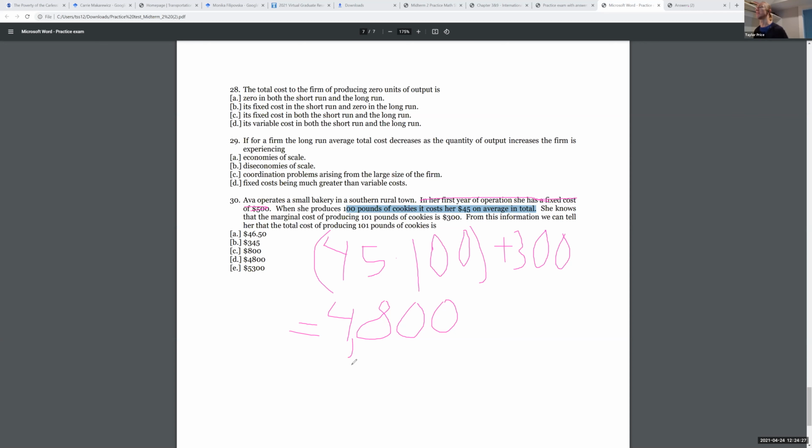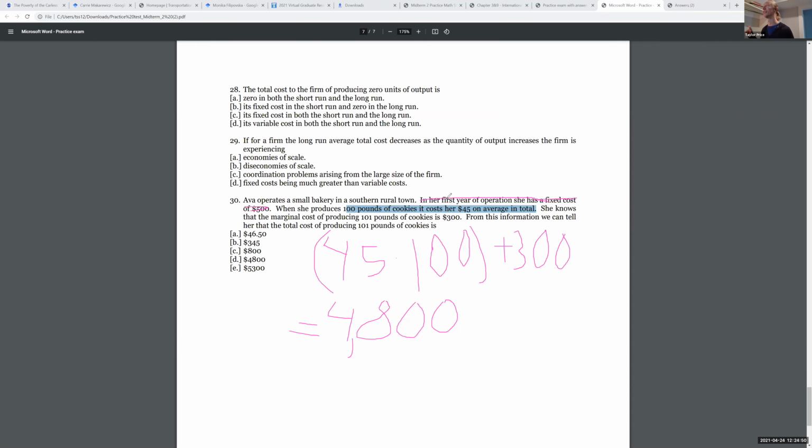Exactly. Yeah, so I don't think there are many questions like this where they include extra information, but definitely always make sure, when you're looking at a question, because some faculty members like to include trick questions like this.